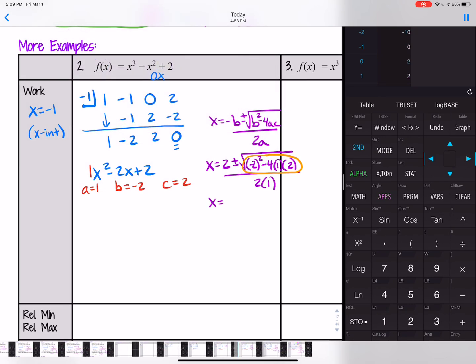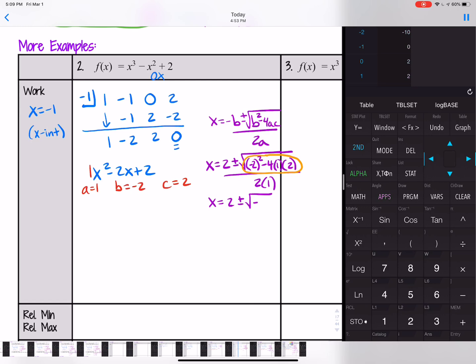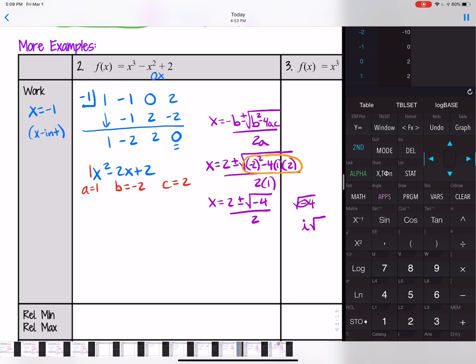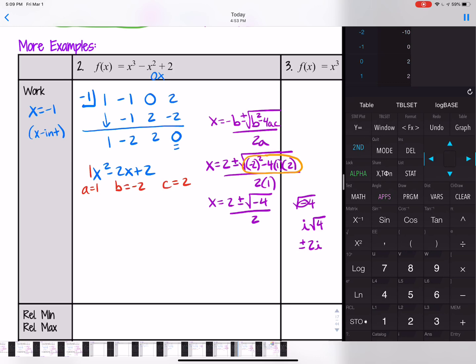All right, so we get x equals 2 plus or minus the square root, and that would be 4 minus 8, which is -4. And so -4 under the radical, or the square root of -4, the negative would come out as the i that you learned about in Math 2, and then you still have the square root of 4. So we need to take plus or minus and make it 2i is how we can simplify it.